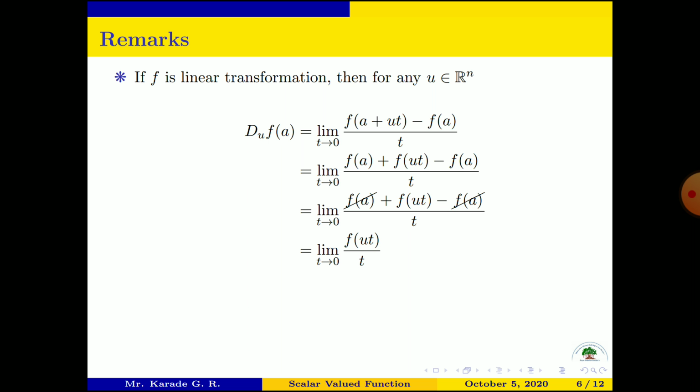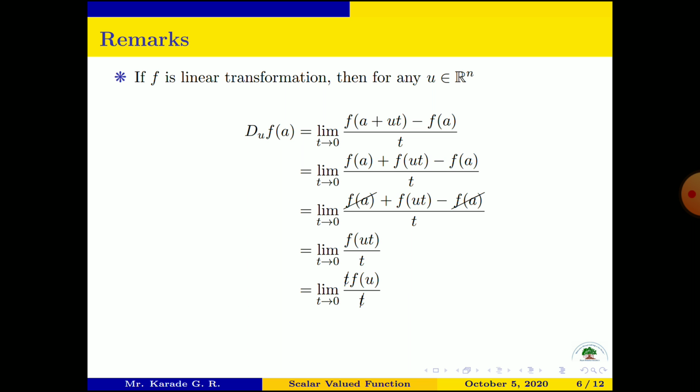As far as function f is considered, t is constant for the function f, therefore we can take this t outside from the function. In the next step we take t outside and cancel it with the t in the denominator. So what is left now? Limit t tends to 0 of f of u. But as far as this limit is concerned, f of u is a constant thing.